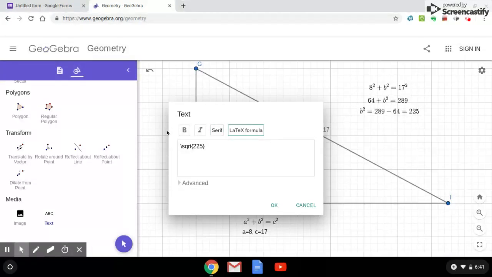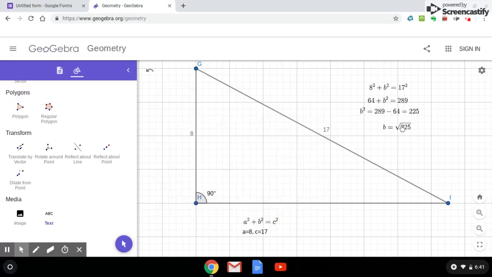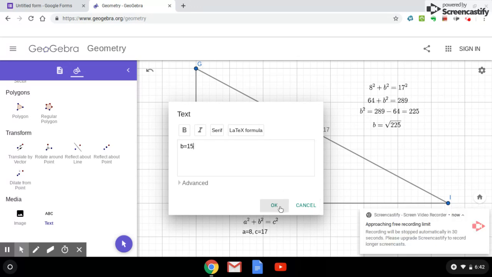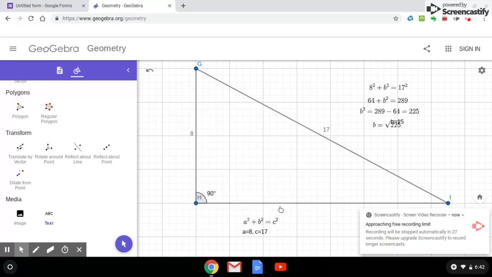Oh, I forgot to put the b. So make sure you put your variables so we know what the value is representing. And so we have b equals the square root of 225, and then b equals 15, which is a common enough square root that you should all know.